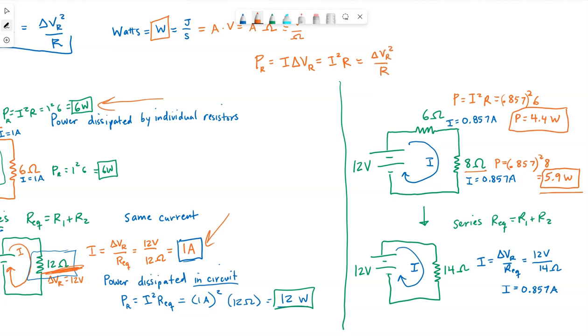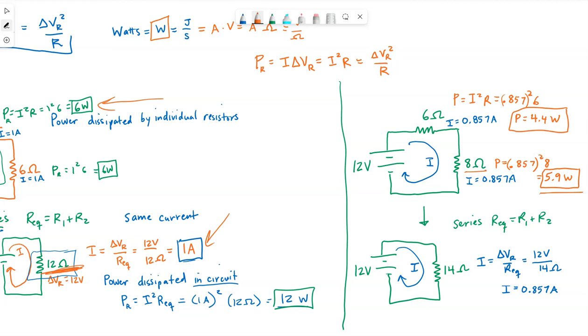And the overall current that flows in a circuit is completely and totally dependent on the equivalent resistance of the circuit as well as the battery voltage. So any problem we see, we need to be thinking equivalent resistance.